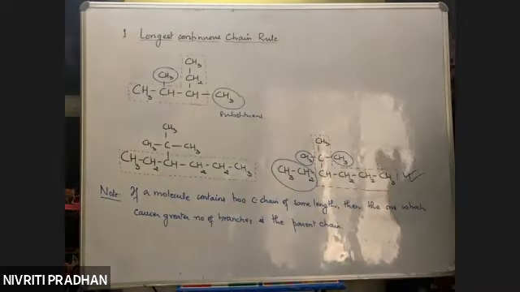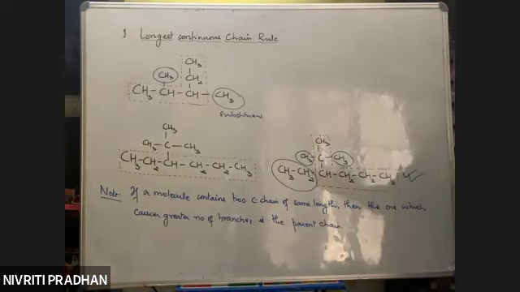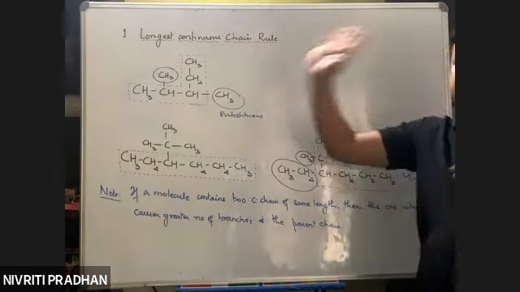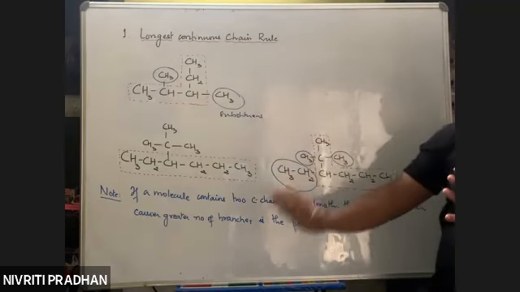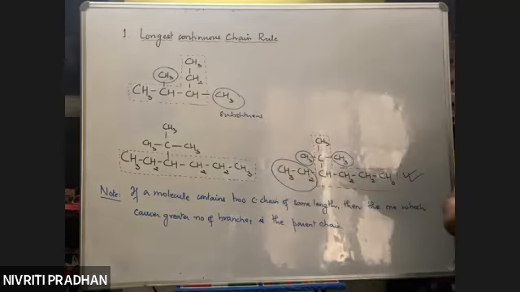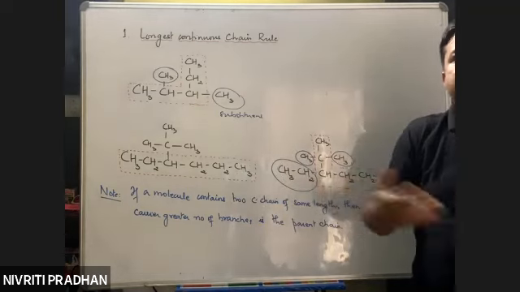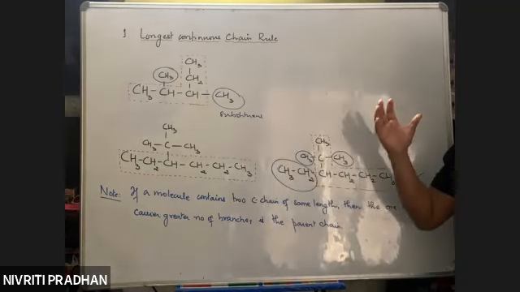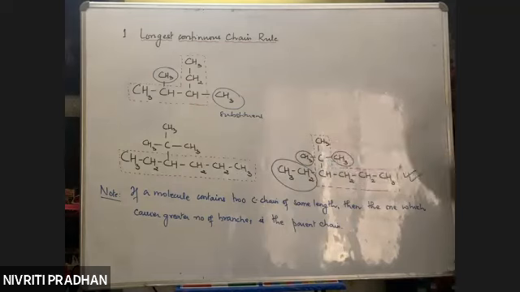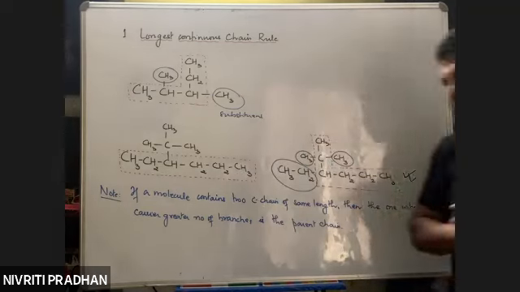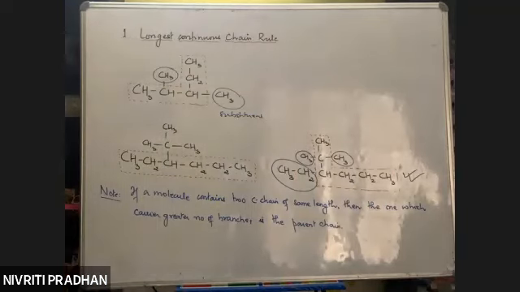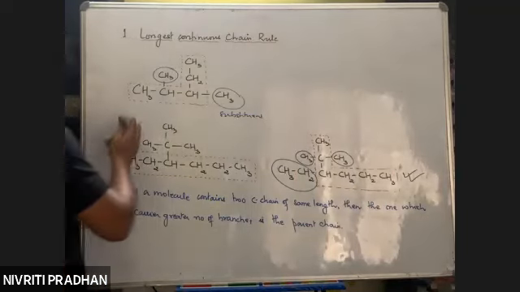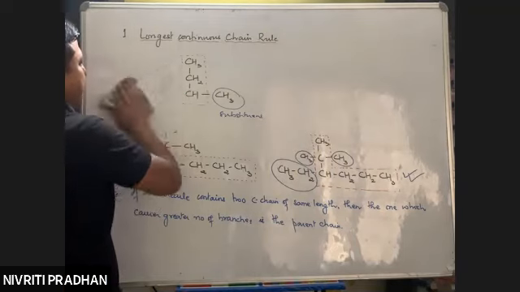For deriving the word root, we select the longest continuous chain of carbon atoms. And in case a molecule contains two carbon chains of the same length, then we look for the branching. The one which contains the greater number of branches is considered to be the parent chain. So this is rule number 1, the longest continuous chain rule.